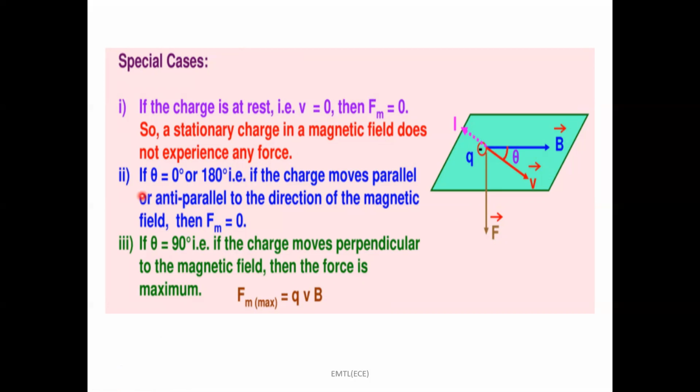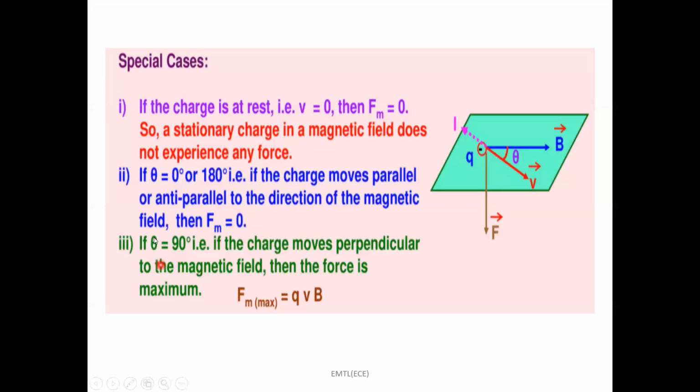If theta, the angle between velocity and the magnetic field, is 0 or 180 degrees, that means the charge moves parallel, or anti-parallel, to the direction of the magnetic field. Irrespective of direction, the magnetic force becomes 0.